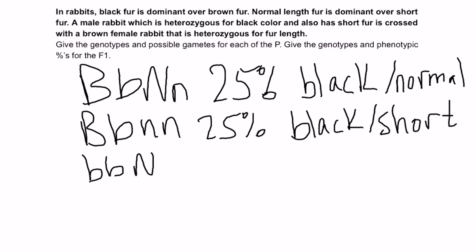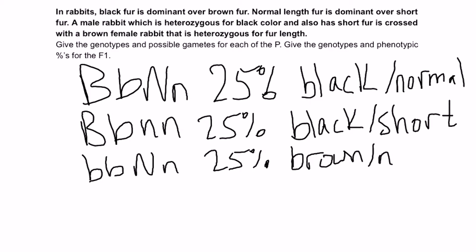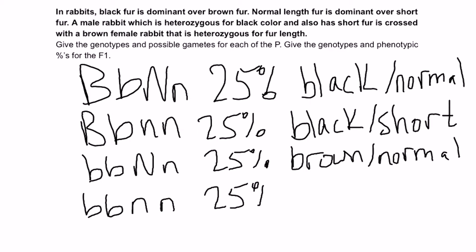Next up, we're going to have little b, little b, big N, little n. That's going to be 25% of having brown fur with normal length fur. And then we have little b, little b, little n, little n, and that's another 25% chance. But now this is going to be completely recessive, and it's going to be brown and short fur.